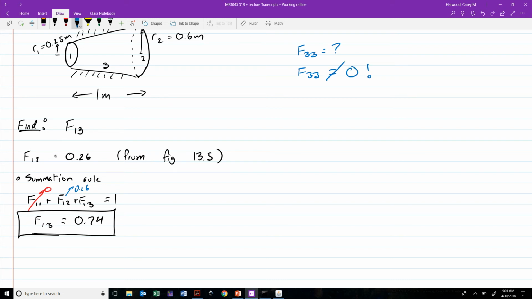Because the surface can see itself. All right, so how might we find F33? We're not going to try to actually come up with a number.